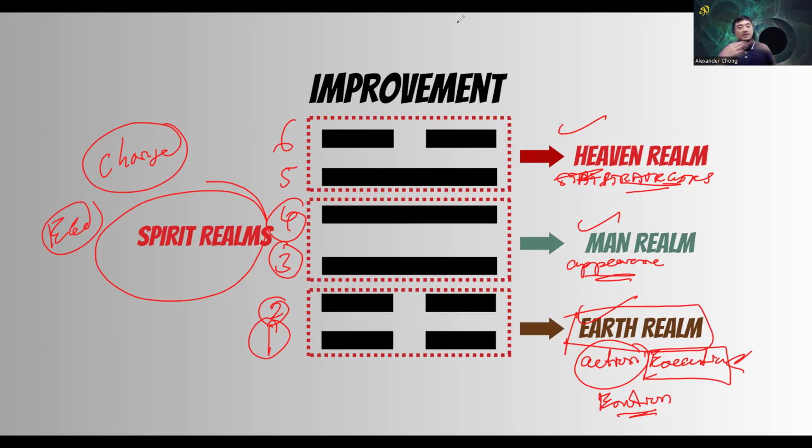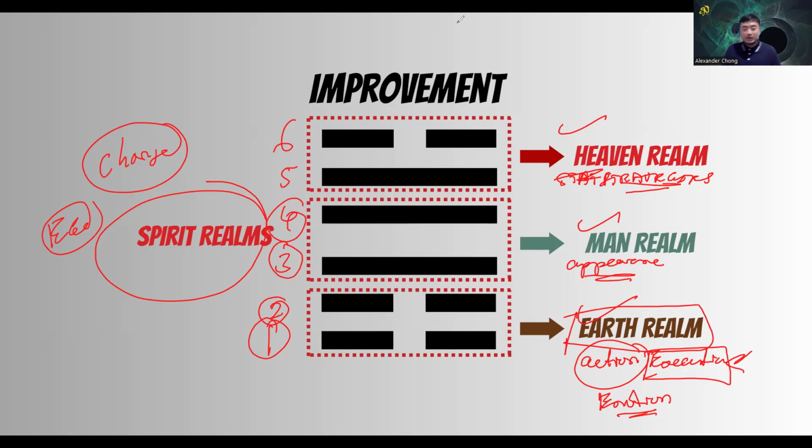Okay, it's either your self-improvement or you're improving others. So in here, something needs to change about you, the path that you're having. If you get the earth realm, it is actions, executions, or emotions.